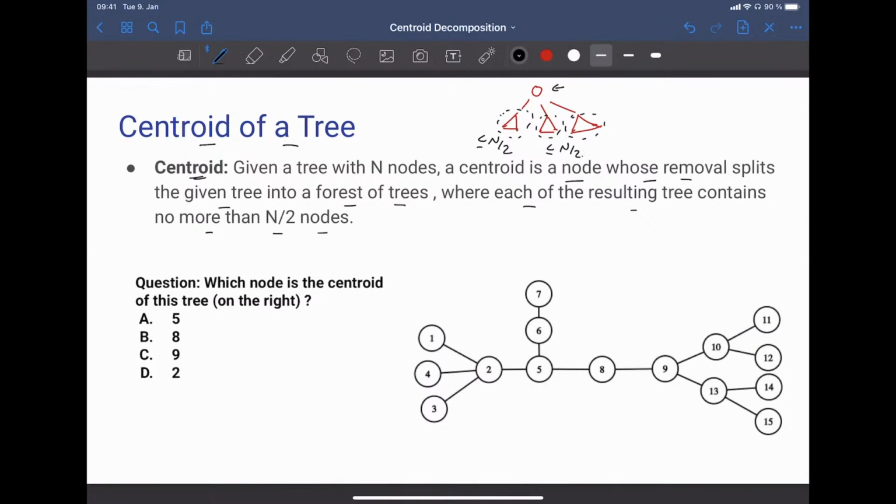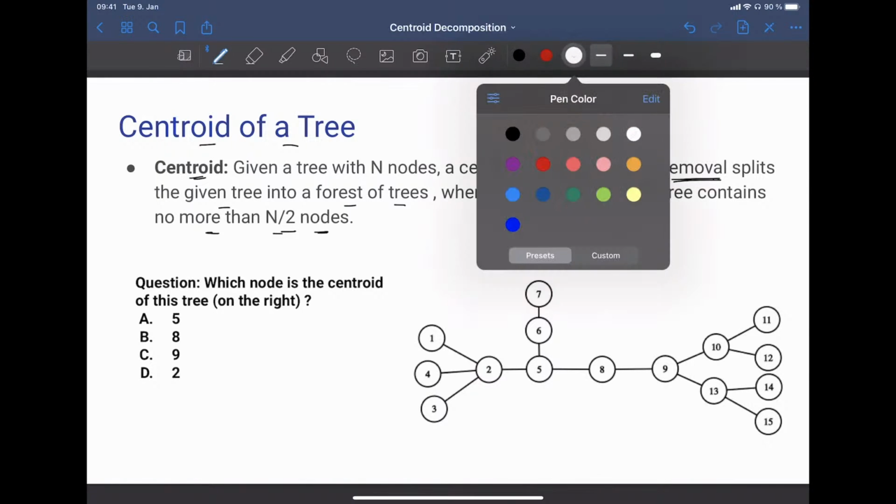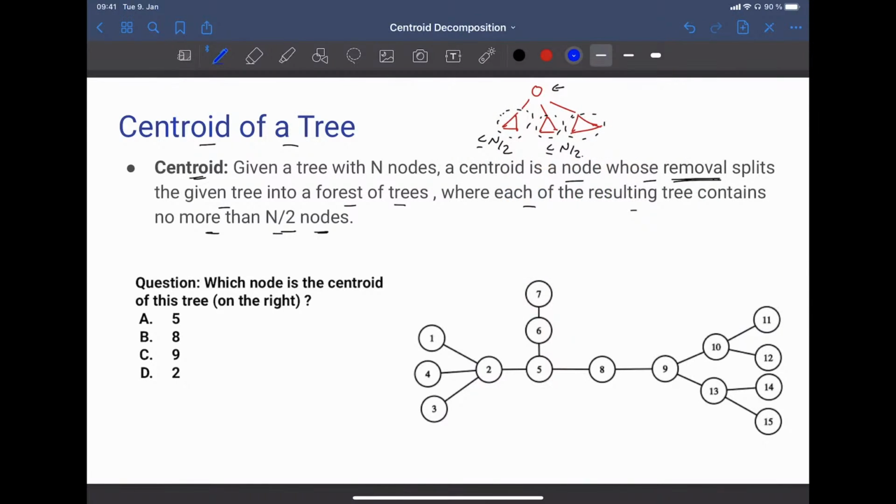N by 2. Okay. So what exactly is happening here? It is the same as what is written in this definition: given a tree with n nodes, a centroid is a node whose removal would split the given tree into a forest of trees where each of the resulting trees contains no more than n by 2 nodes. This is the same as saying that if you are able to find a node in the given tree and root the tree on that node such that every subtree formed has a size less than n by 2.